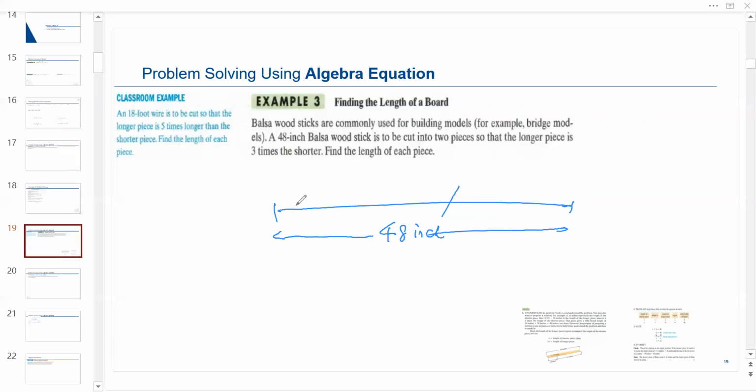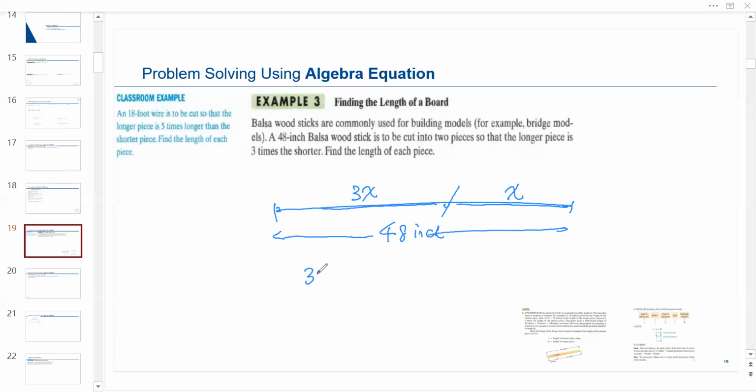Suppose this is the longer, and it is 3 times this one. So we suppose this one is x, and this part is 3x, right? The longer is 3 times the shorter. But the total length is 48.